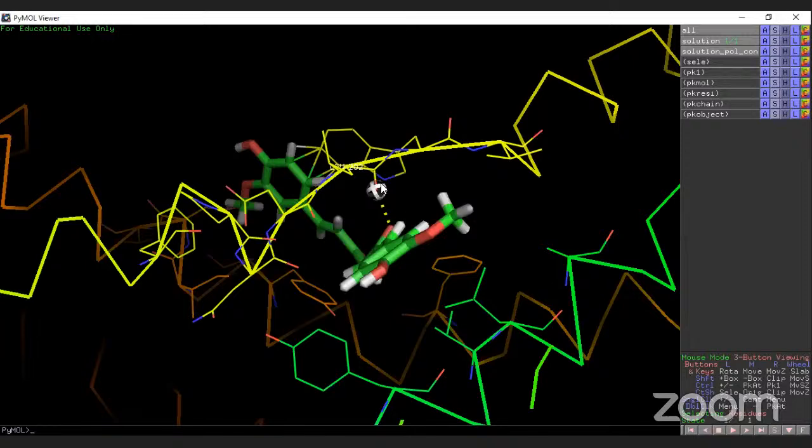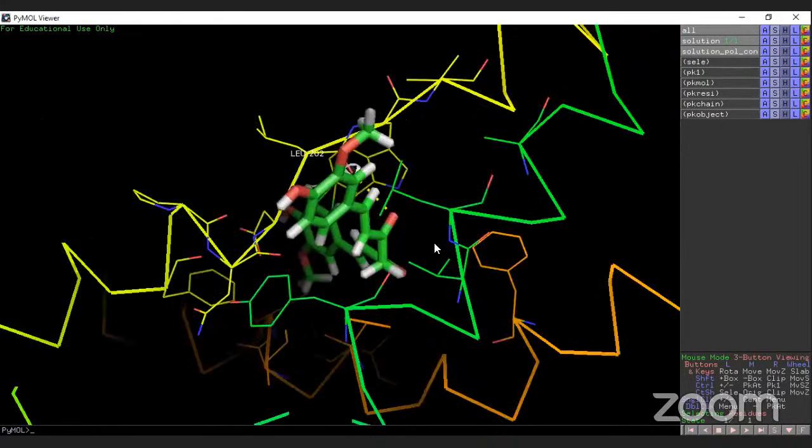So you can see here the interacting residue is LEU202. So this is the docking analysis.